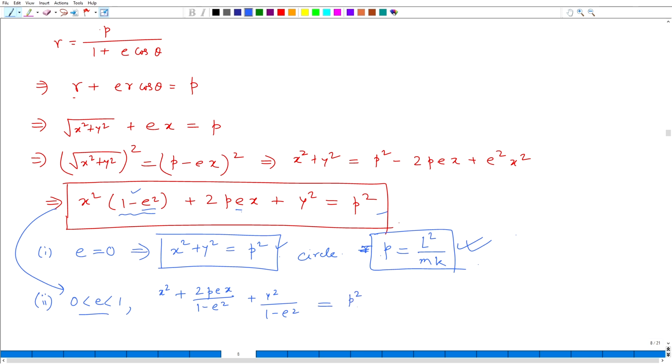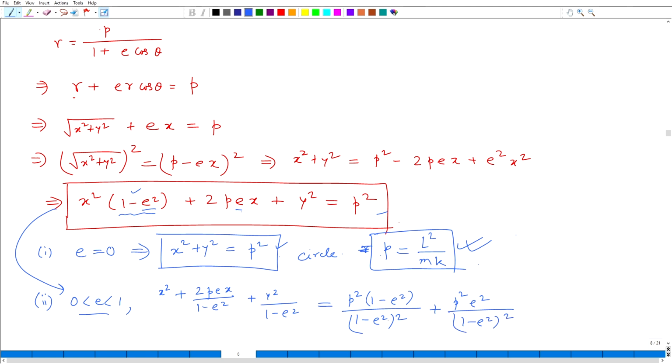I just write p square as p square times 1 minus e square by 1 minus e square whole square plus p square e square by 1 minus e square whole square.